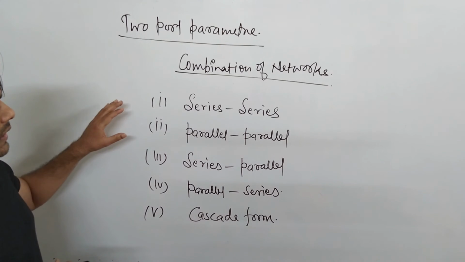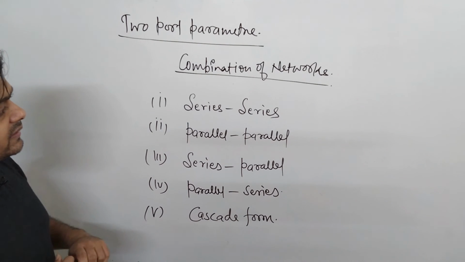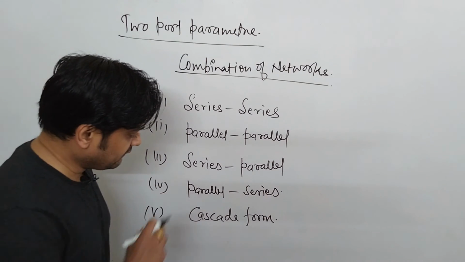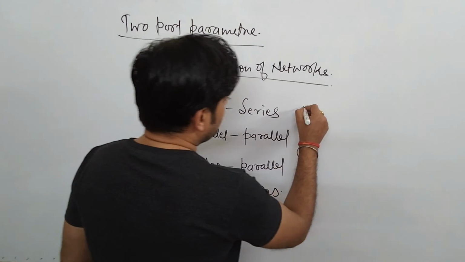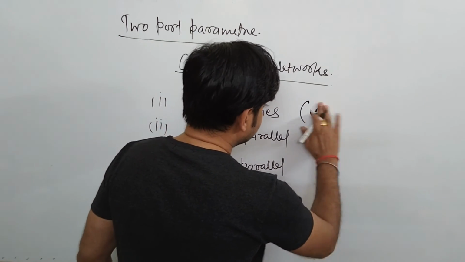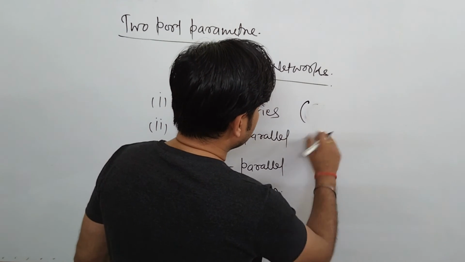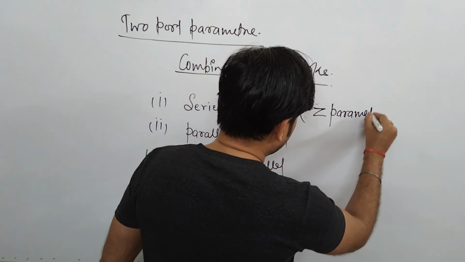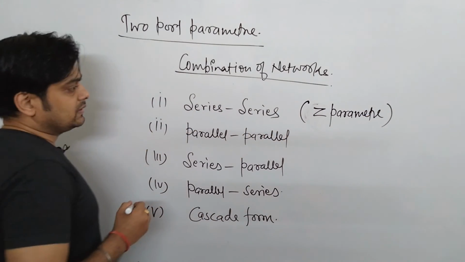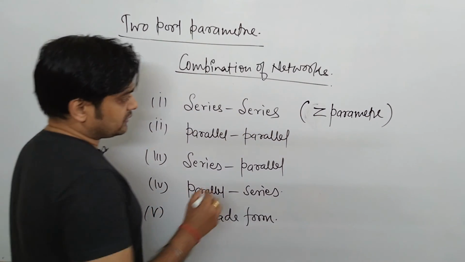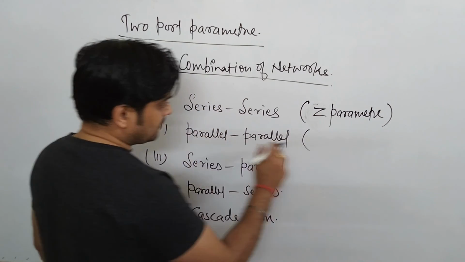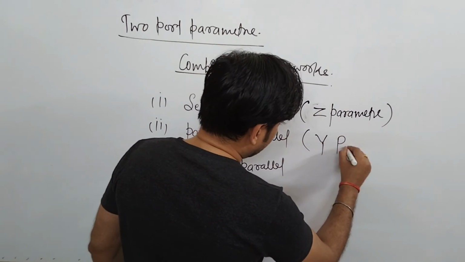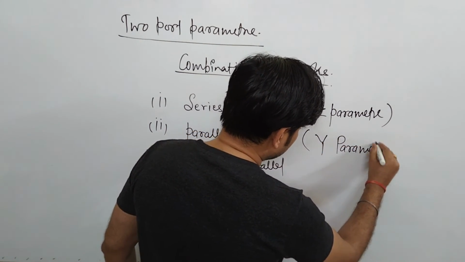just keep in your mind, whenever two networks are in the form of series, we will see one by one each network. We always calculate Z parameters. Whenever network is in the form of series, we always go for Z parameters. When it is in the form of parallel, we always go for Y parameters.